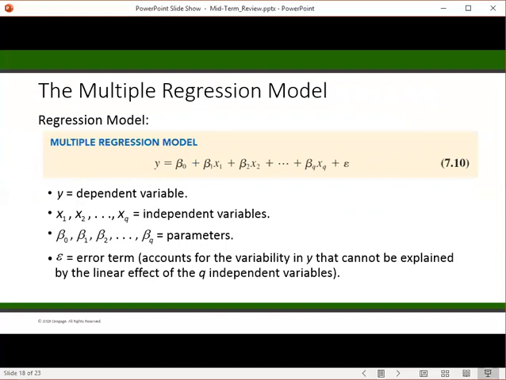For a multiple regression model, we get not just one independent variable, but multiple independent variables and a slope of the line for each one of those independent variables.